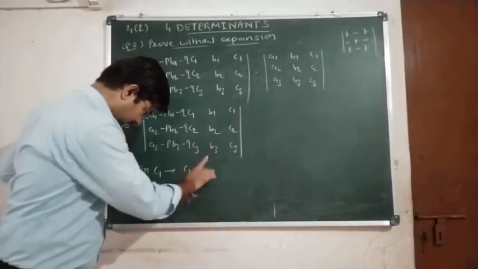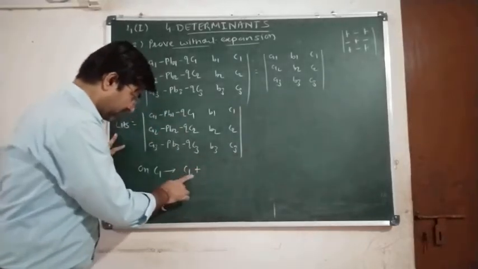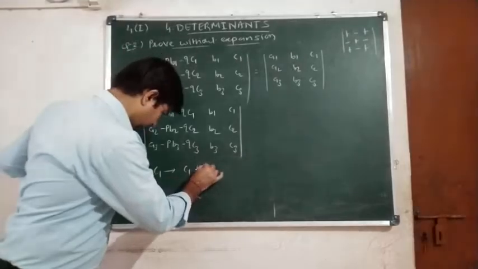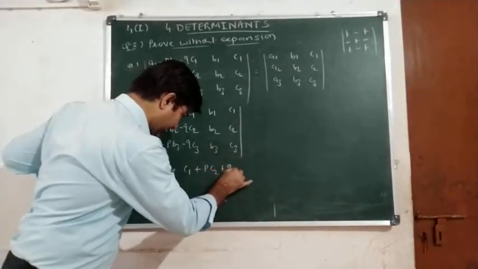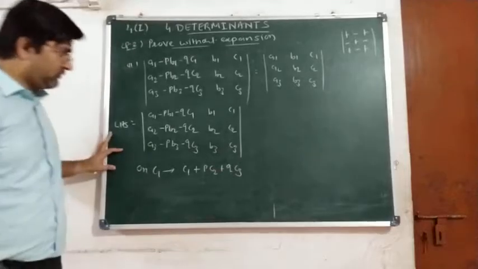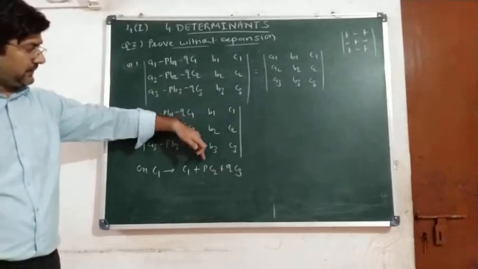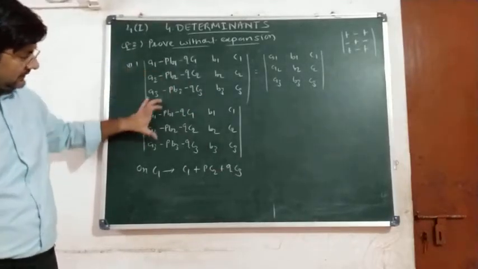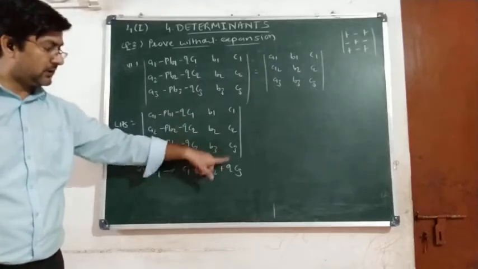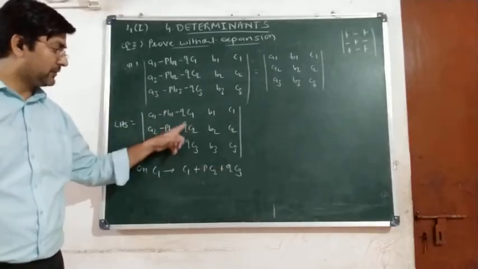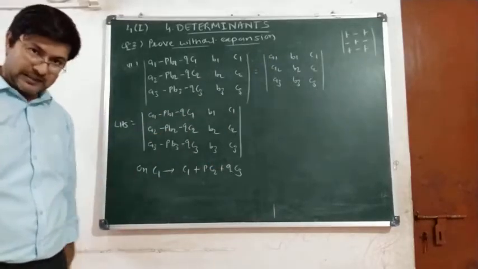So let us remove this bracket also. C1 plus PC2 plus QC3. Yes or no? So we will multiply the second column by P and add, so that these entries will be eliminated, and we will multiply the third column by Q and add, so these entries will also be eliminated.